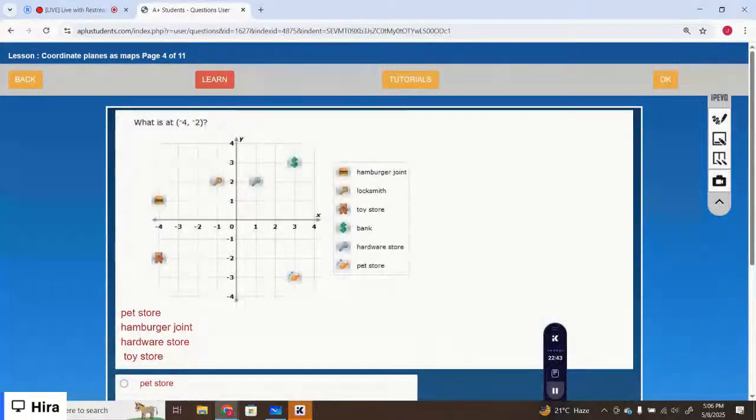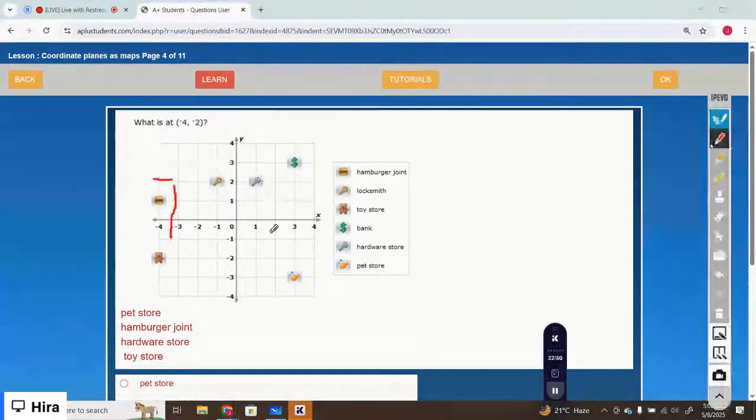What is at negative 4, negative 2? x is negative 4 and y is negative 2.